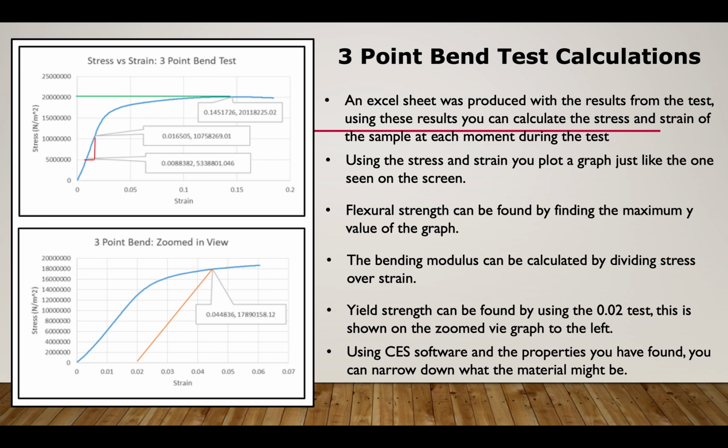Flexural strength can be found by finding the maximum Y value of the graph. The bending modulus can be calculated by dividing stress over strain. Yield strength can be found by using the 0.2% offset method, which is shown on the zoomed graph to the left. Using the CES software and the properties you have found, you can narrow down what material the sample is.